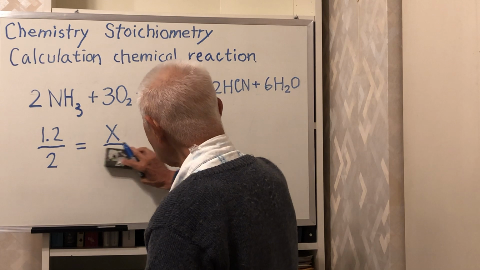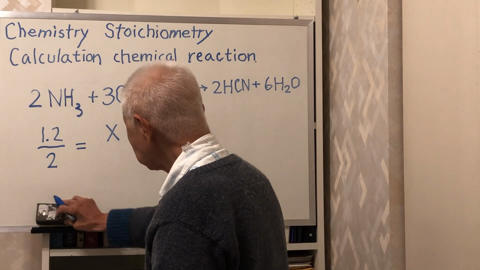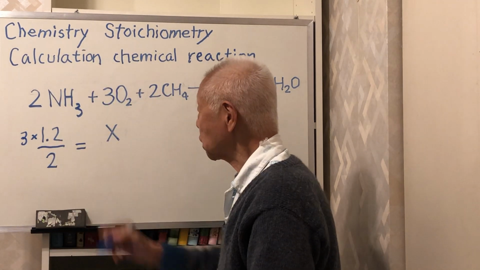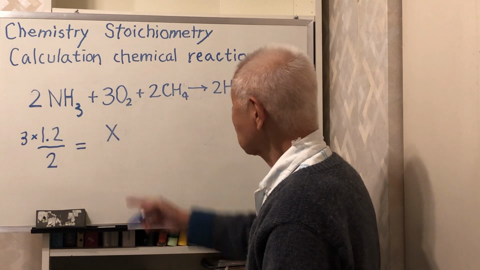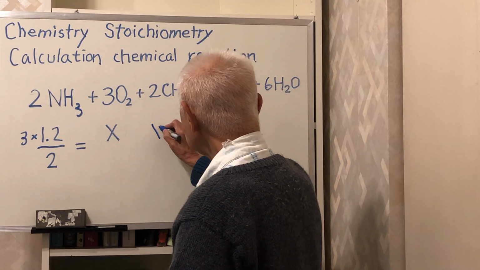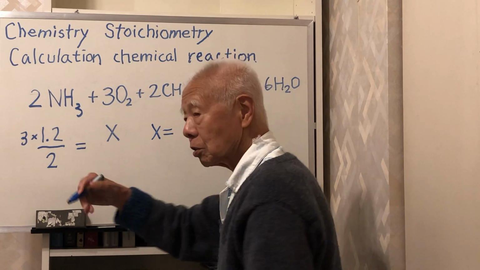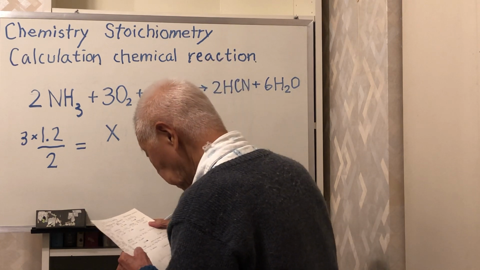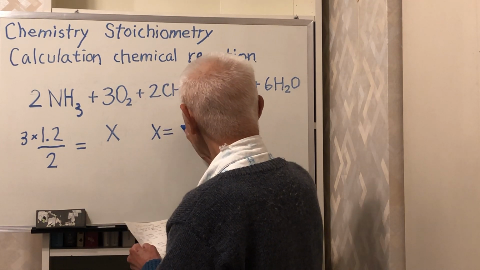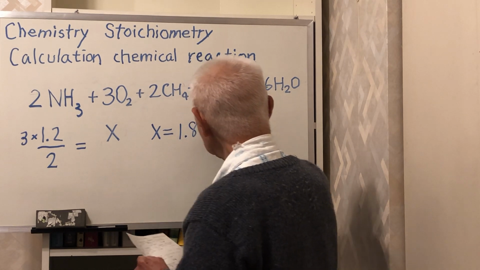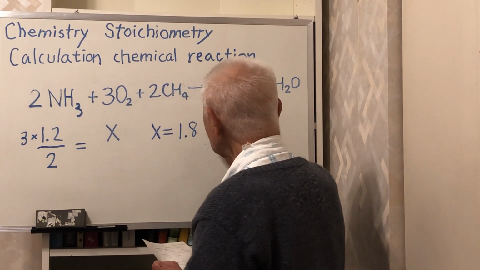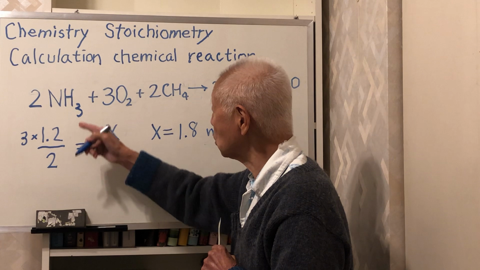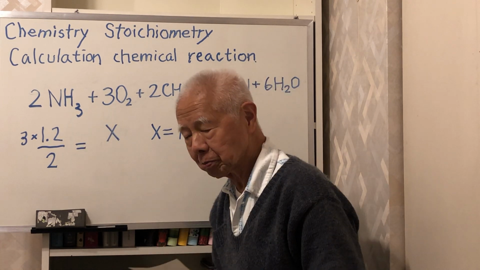So let me erase the 3 and multiply. X is this much. So x is what? Just use your calculator. 3 times this divided by 2. And then it is 1.8. So you need 1.8 moles of oxygen to react completely with 1.2 moles of ammonia.